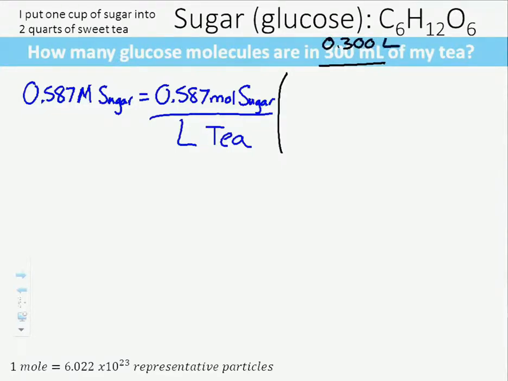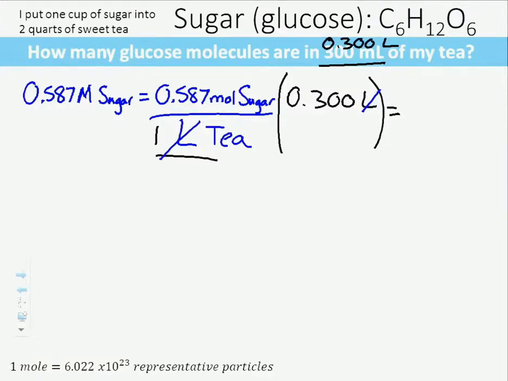0.300 liters. So I can multiply these to get rid of it, because I don't want 1 liter. I want 0.300 liters. And that's going to tell me how many moles I've got. Because if I don't have 1 liter, if I just multiply it by what I'm trying to get, these will cancel out. Liters and liters, leaving me with the number of moles that are present and only the sample size that I was interested in.